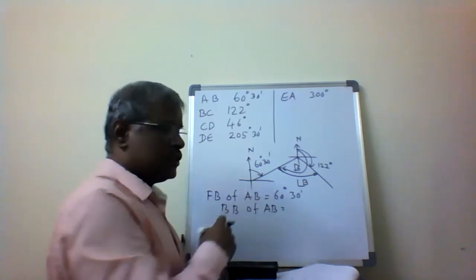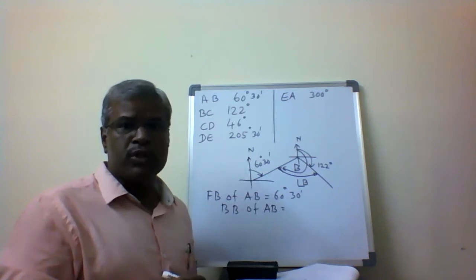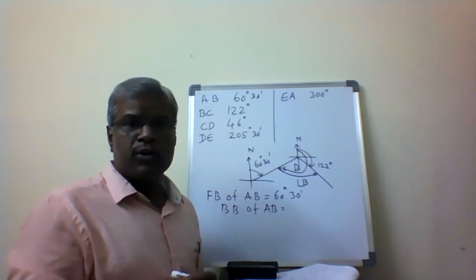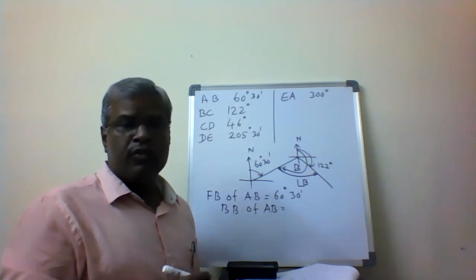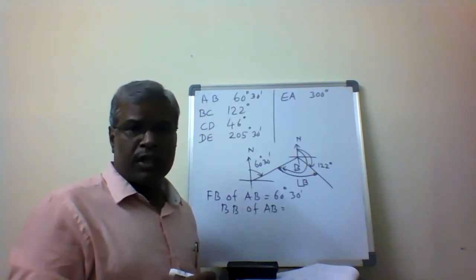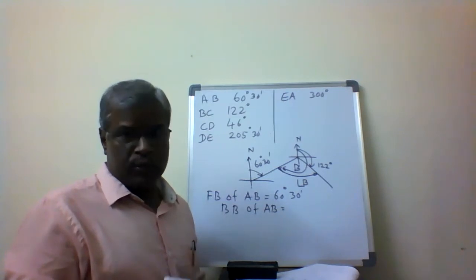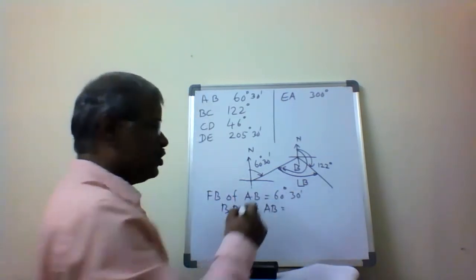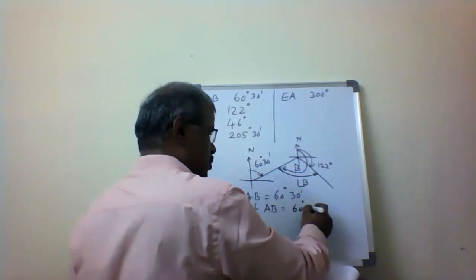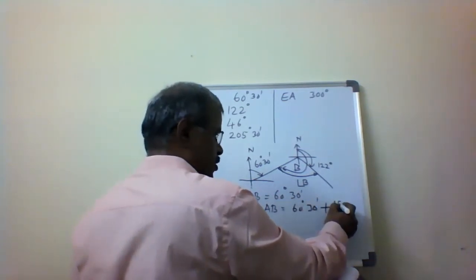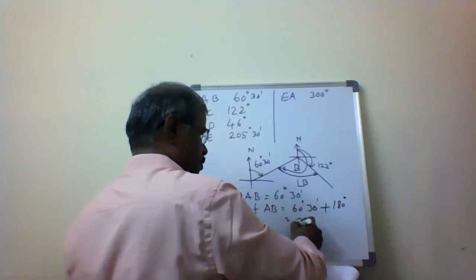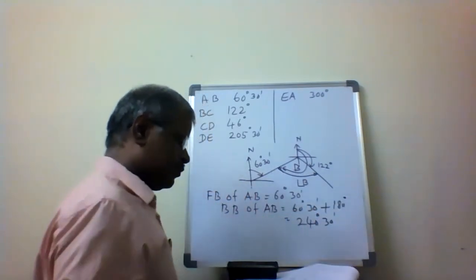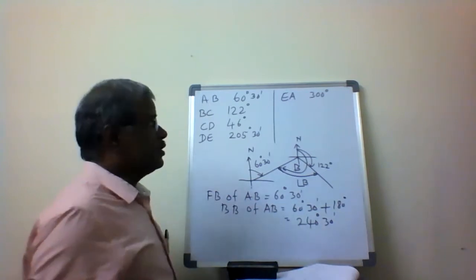If your forward bearing is less than 180 degrees, you use the plus sign. If your forward bearing is greater than 180 degrees, you use the negative sign. Now it is less than 180 degrees, so you use the plus sign. 60 degrees 30 minutes plus 180 is 240 degrees 30 minutes.